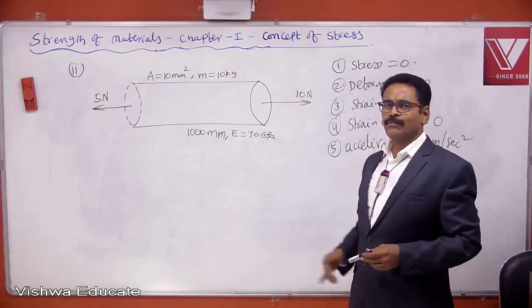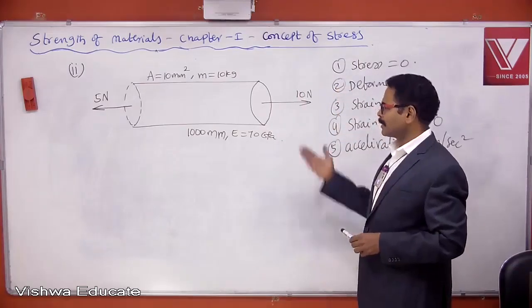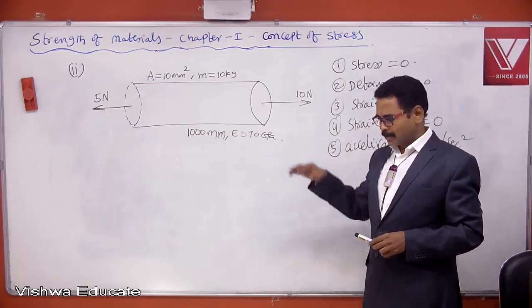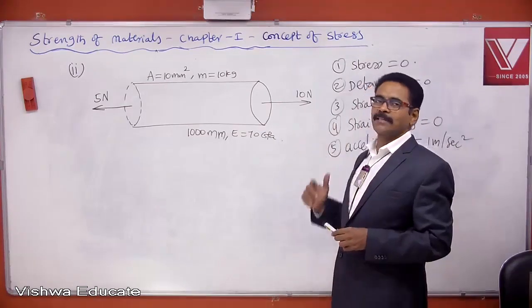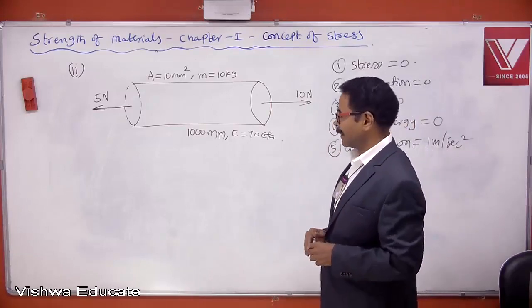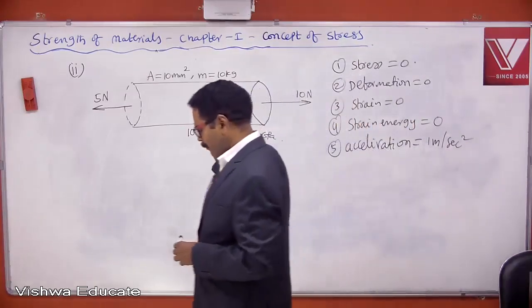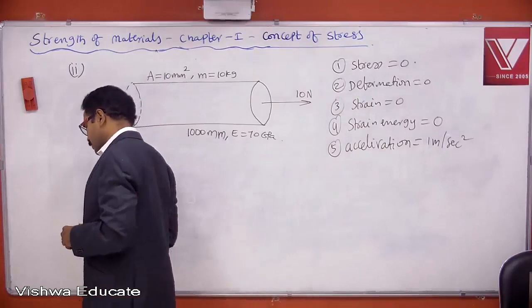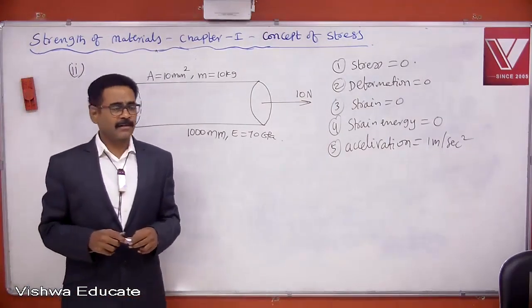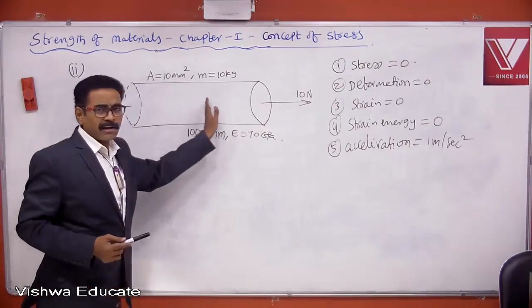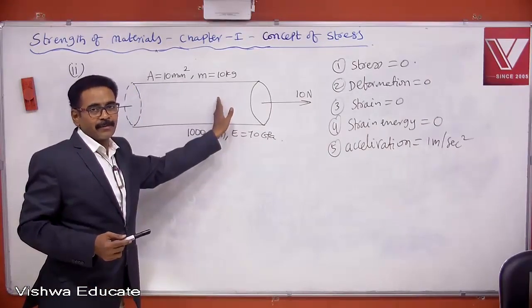Again I will ask you the same question. What is deformation of this bar, strain in this bar, stress in this bar, acceleration of this bar? All these things we have to find again. If you observe this, towards right 10 newtons force is acting, towards left 5 newtons force is acting. Obviously, this bar cannot be in static equilibrium.